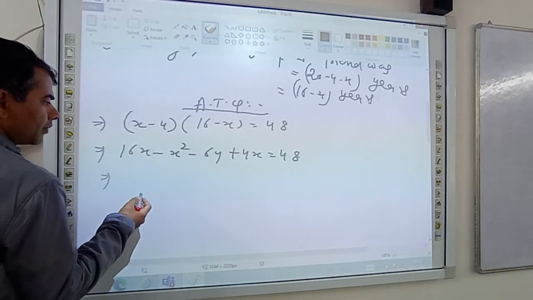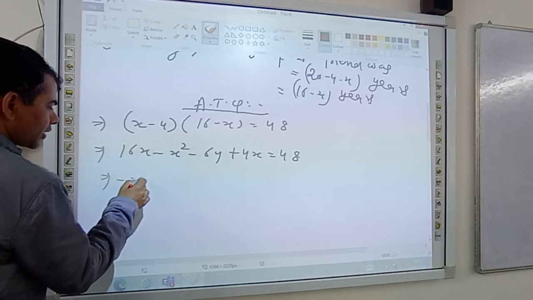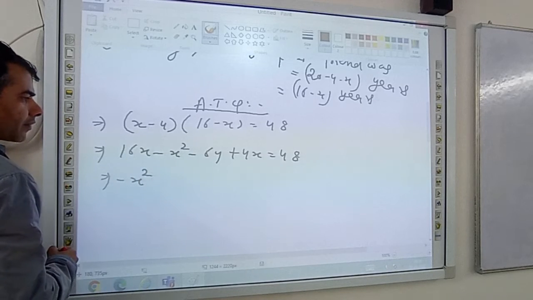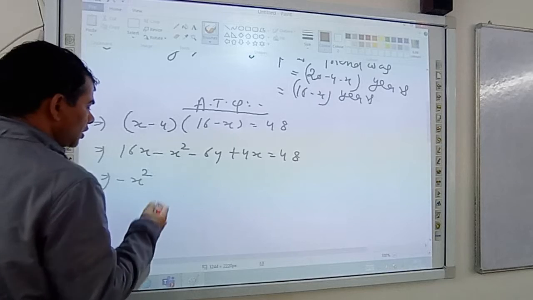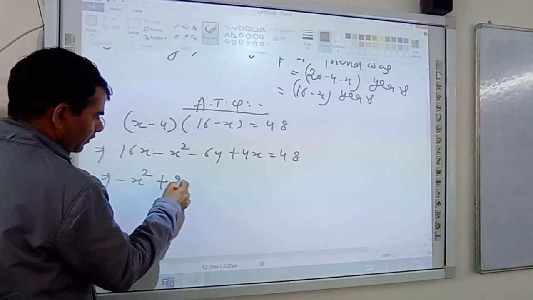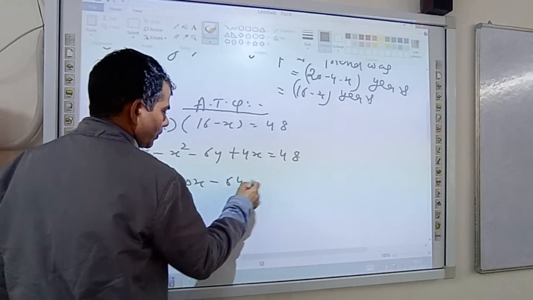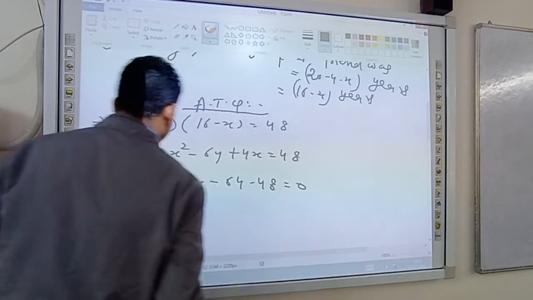It becomes minus x square, 16x plus 4x becomes plus 20x, minus 64 minus 48 equal to 0.